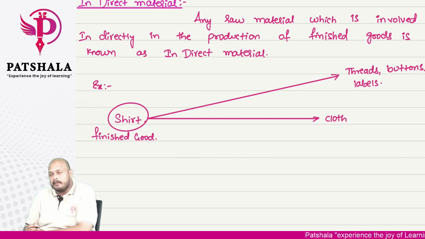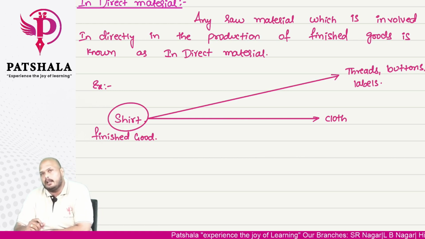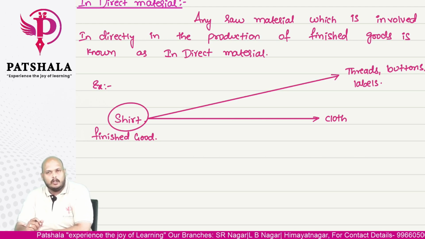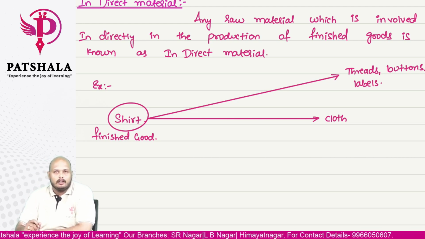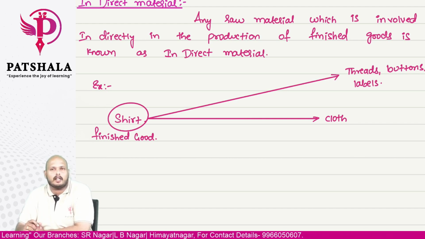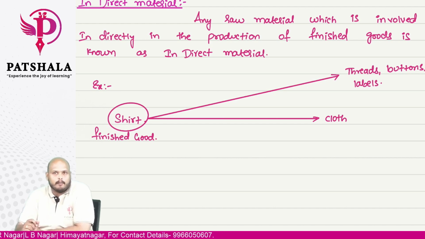Now, cloth is also raw material, thread is also raw material, buttons are also raw material, labels are also raw material. Then which is direct, which is indirect? You can see here practically. The t-shirt which I am wearing here, the Pathshala t-shirt, is a finished good which is ready for use for class recording purposes.